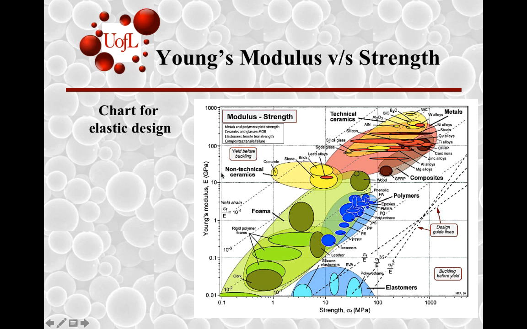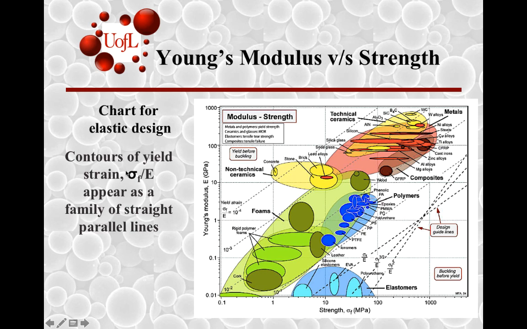You can also, as another variation of a property chart that can routinely be used in design, plot Young's modulus as a function of the strength of the material. Here you begin to see in this particular case that metals dominate the upper right corner to the greatest extent. Carbon fiber reinforced plastics become a suitable material as well.